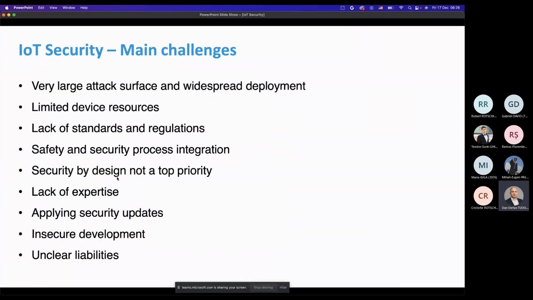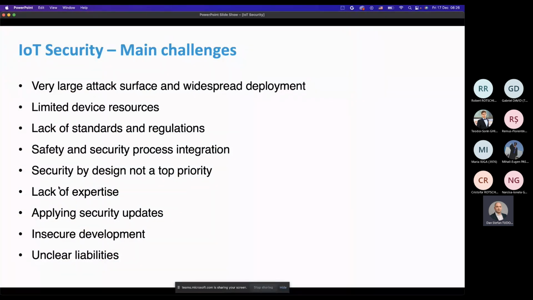There's also a lack of expertise, because they're so different from their PC homologs that you cannot employ standardized security methods that have been used for decades in the PC sector. So applying security updates and security patches is a thing in IoT systems, and these quite regularly make up most firmware updates to your local IoT device.